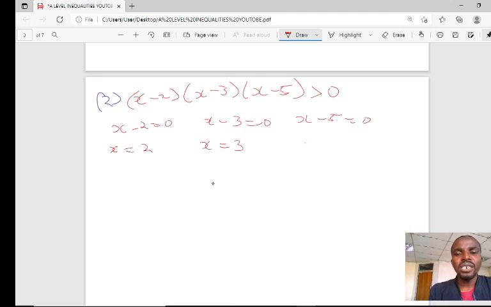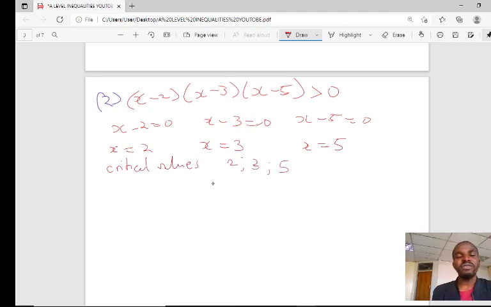On the third one, you get x is equal to 5, like this. So these are the critical values. We have 2, 3, and 5. You can write critical values, then we have 2, we have 3, and we have 5.